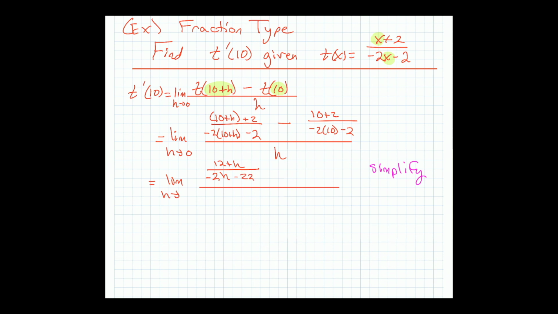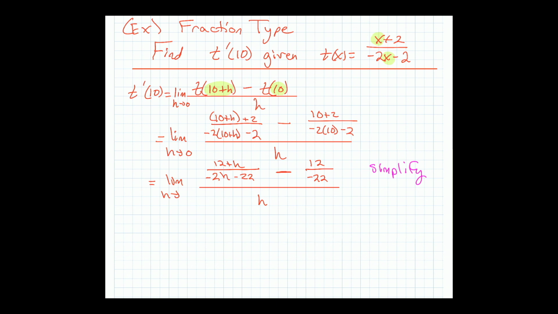And then we have a minus. And then on the other fraction, we've got 10 plus 2, which is 12, and on the bottom, negative 20 minus 2, which is negative 22, over h. Okay, so there we go.